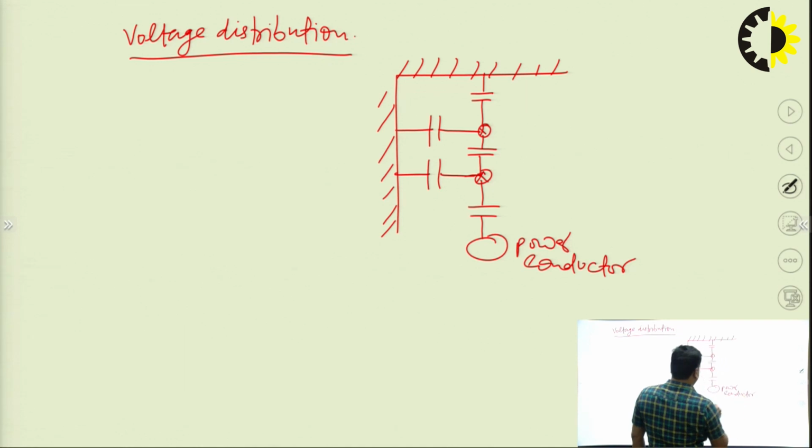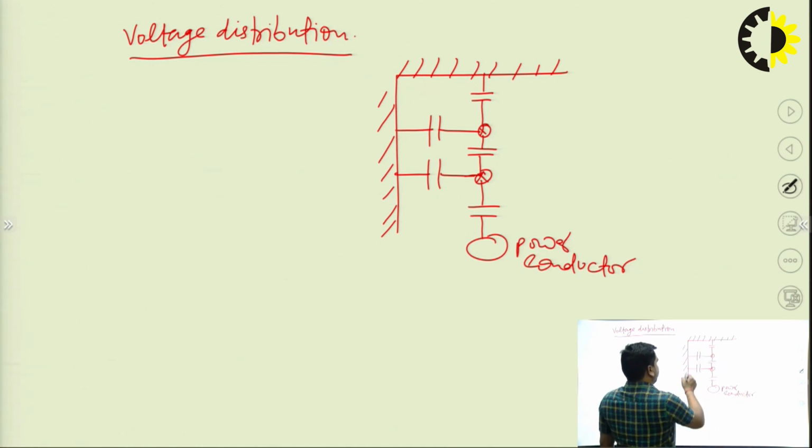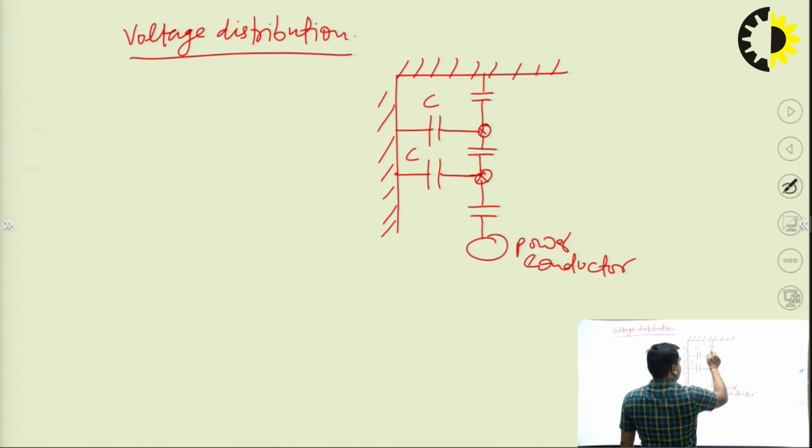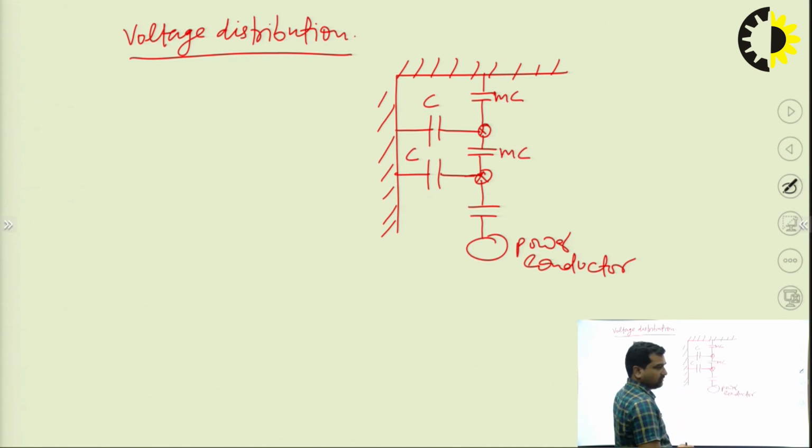Here the capacitance, let it be C, and here MC is the mutual capacitance between two discs. That's why we have written it as M into C.